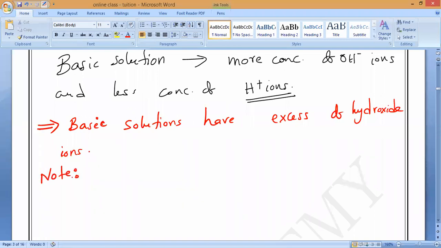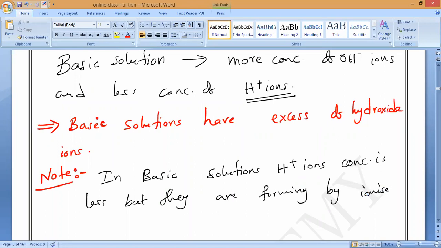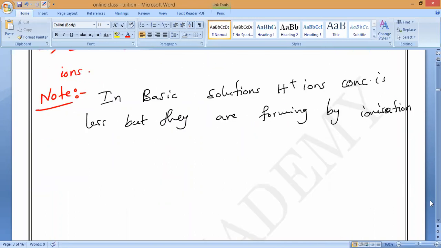Note, write it. In basic solutions, the H plus ion concentration is less, but they are formed by ionization of water.